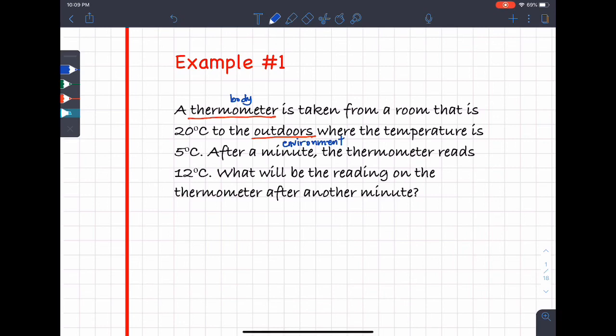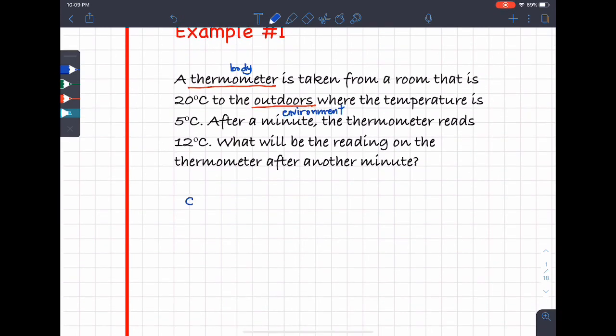And from here, we can draw our given. Initially, we have a thermometer which is inside the room. When time is equal to 0, what would be the temperature of the body? It does not directly mention the temperature of the thermometer.